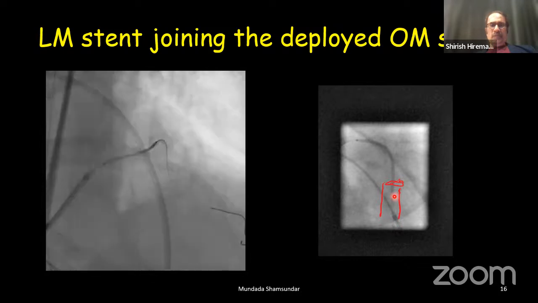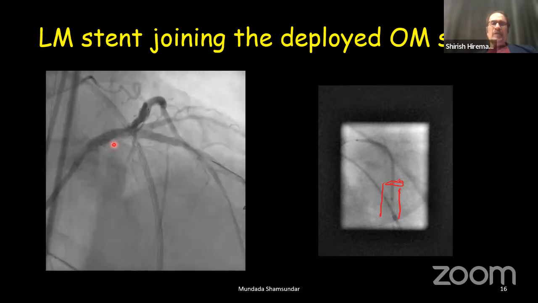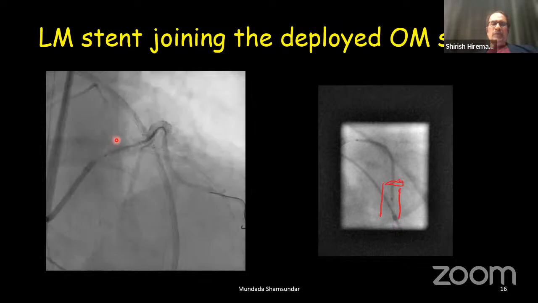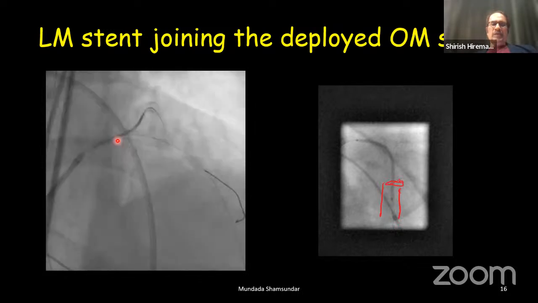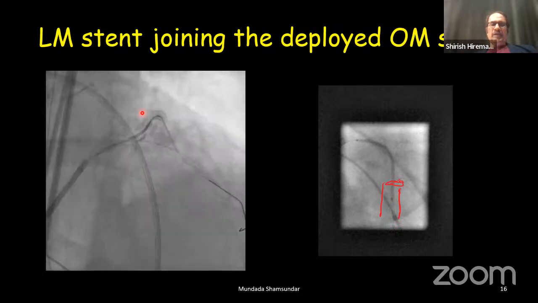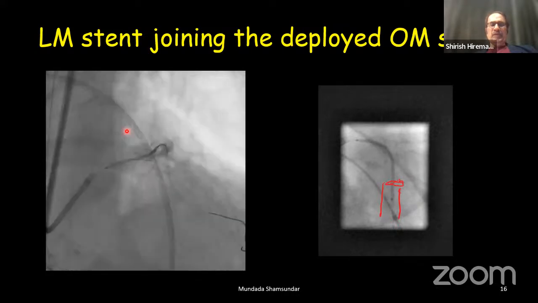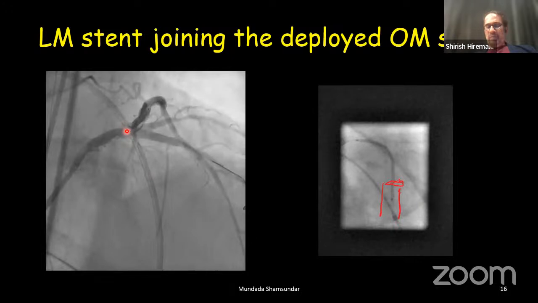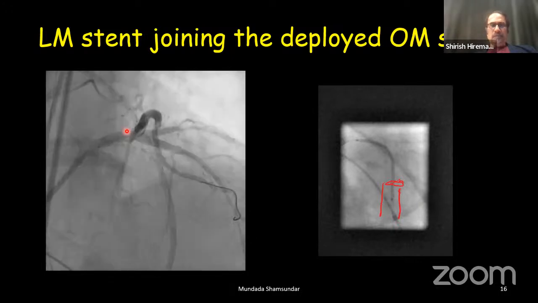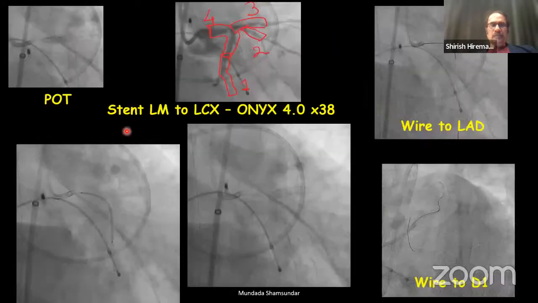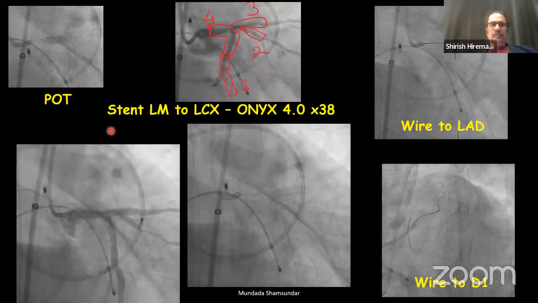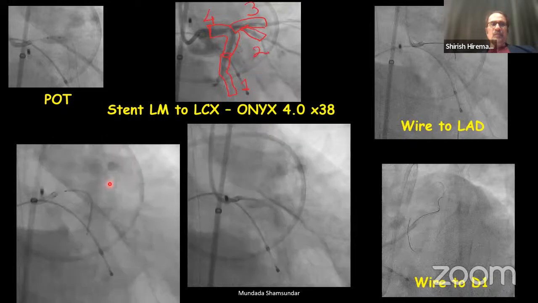You can see the undeployed stent from left main to circumflex getting into the deployed circumflex stent. So after these 4 stents were deployed, as I told you, the first stent was a simple stent, type A lesion in the mid circumflex.